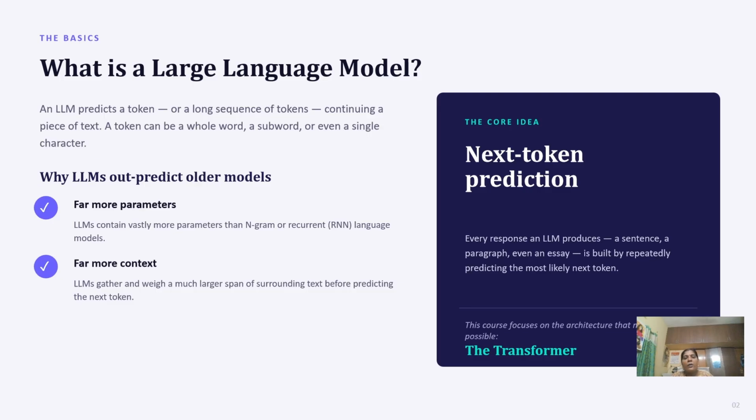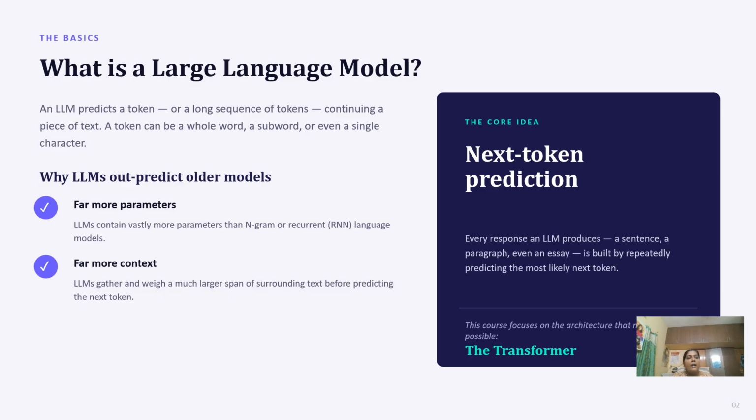Why does an LLM outpredict older models? An LLM is nothing but a large language model, and it outpredicts older models because LLMs have far more parameters. The parameters of an LLM are in the billions, and all of these work together to predict the next text that is to come.